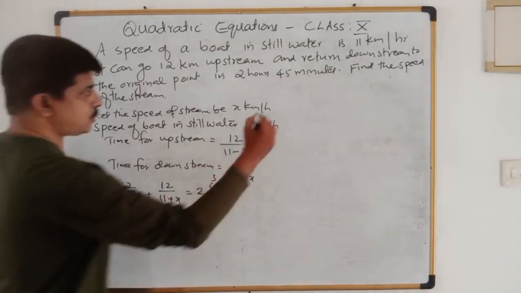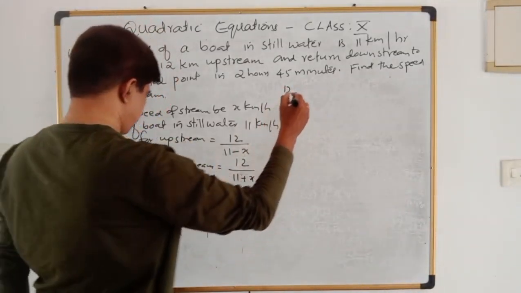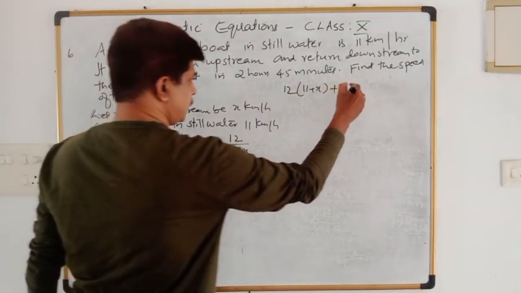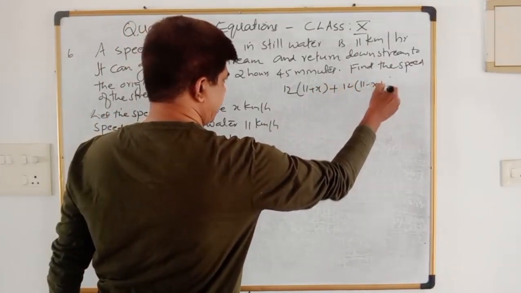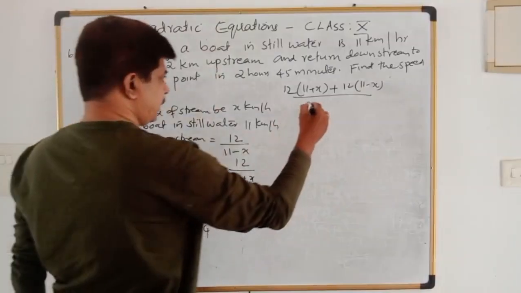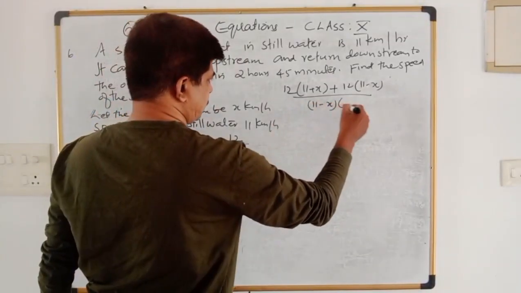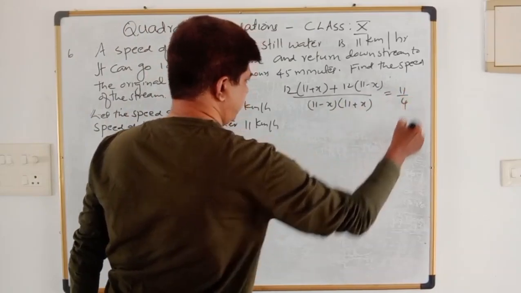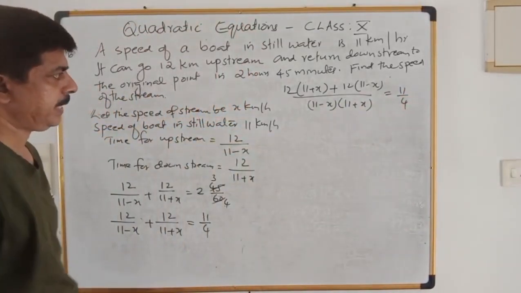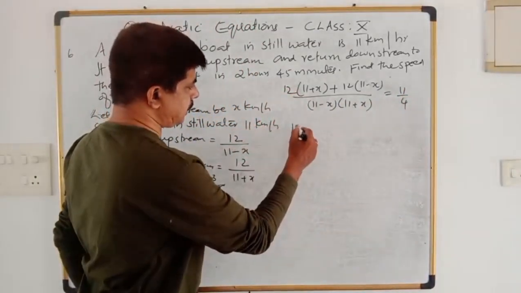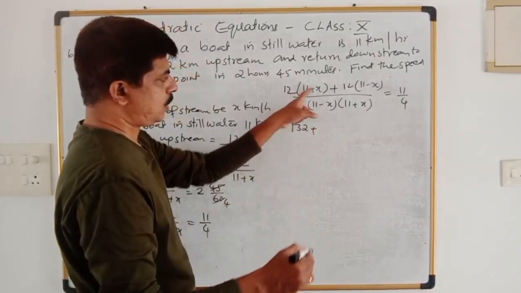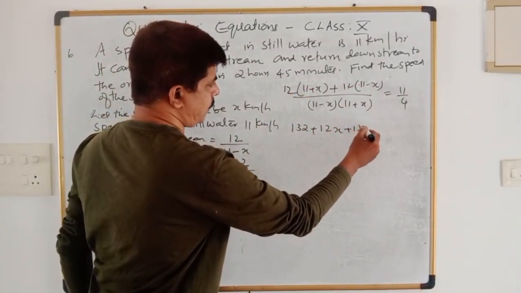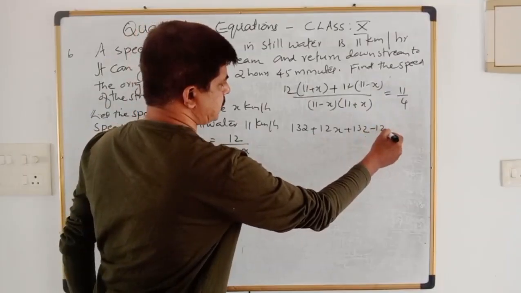So 12 into 11 plus x plus 12 into 11 minus x, divided by 11 minus x into 11 plus x, is equal to 11 by 4. Okay, so 12 into 11 is 132 plus 12x, 12 elevens are 132 minus 12x.